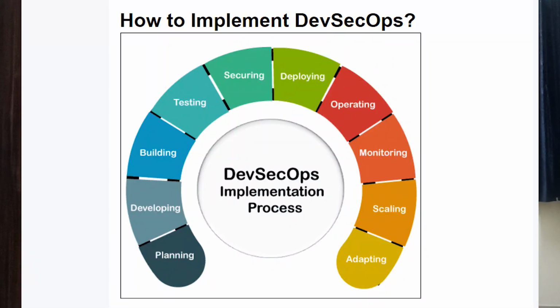Here comes a question. How to implement DevSecOps? We know what DevSecOps is and why it is important. Now let's talk about how it works. It's like setting up a system to automatically check the security of our work at every step of building something, like a robot doing security checks.